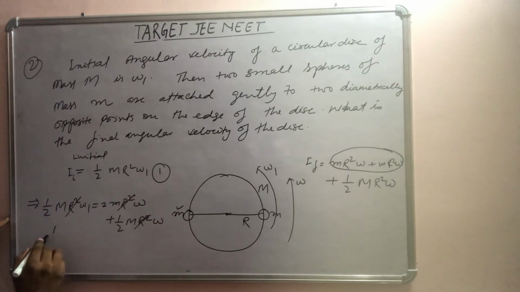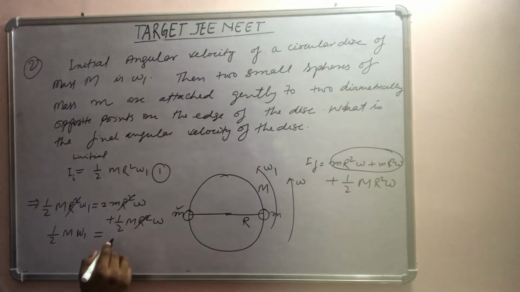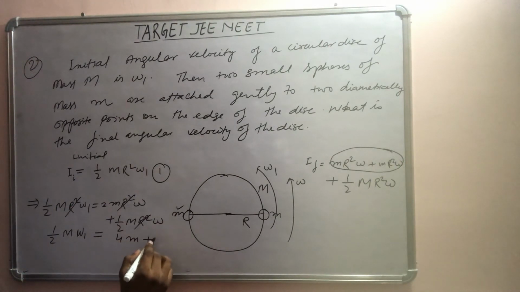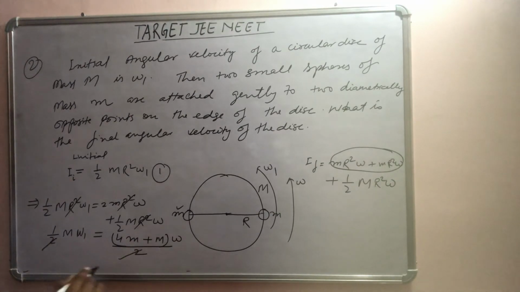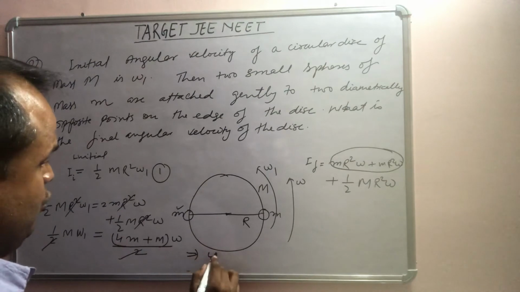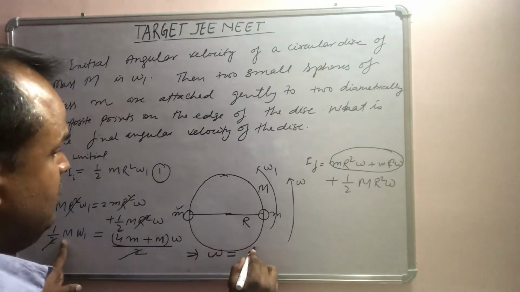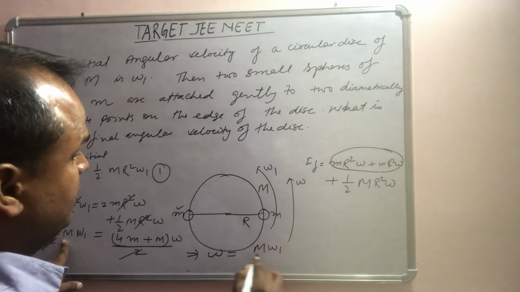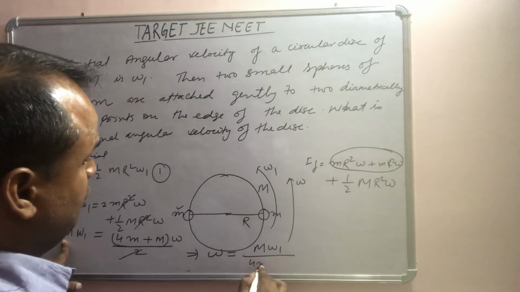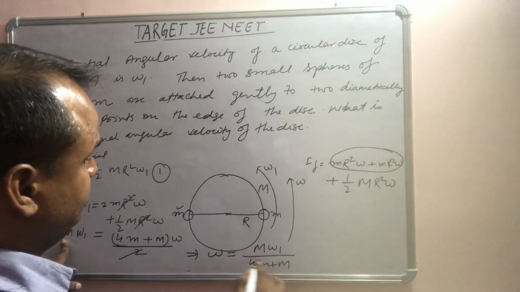So half M omega 1 is equal to 4 small m plus capital M, omega common, by 2, this and this. So final omega is equal to capital M omega 1 divided by 4 small m plus capital M.